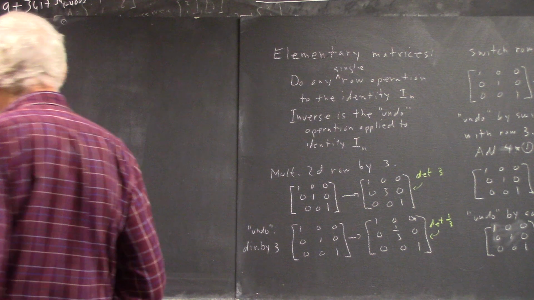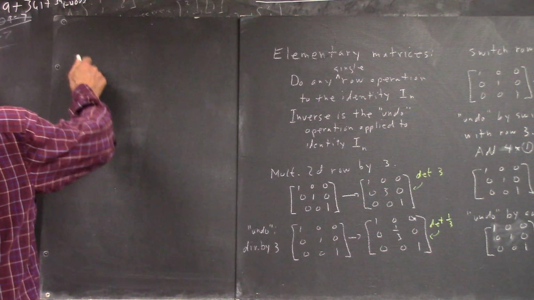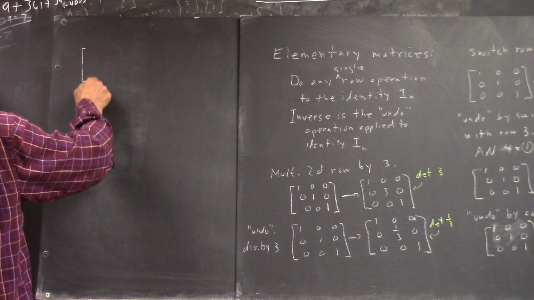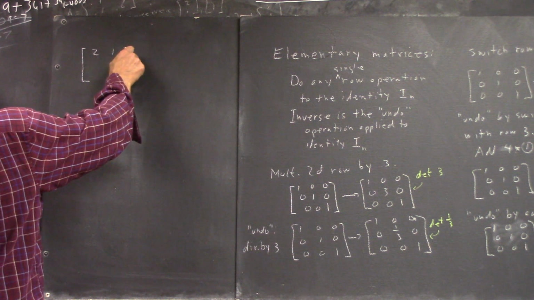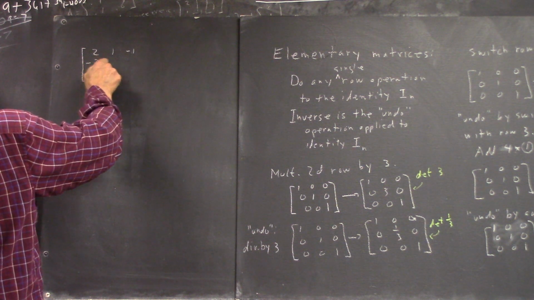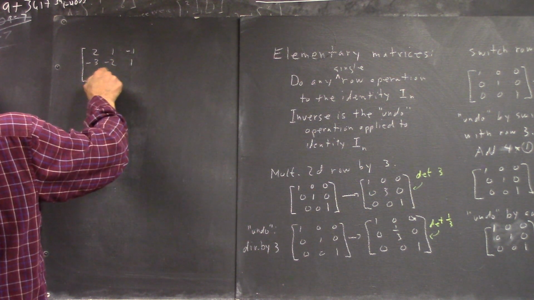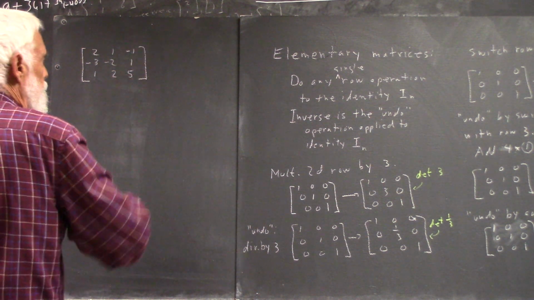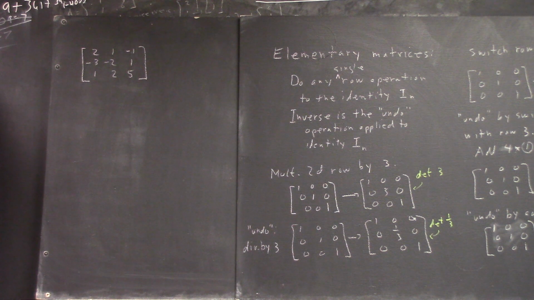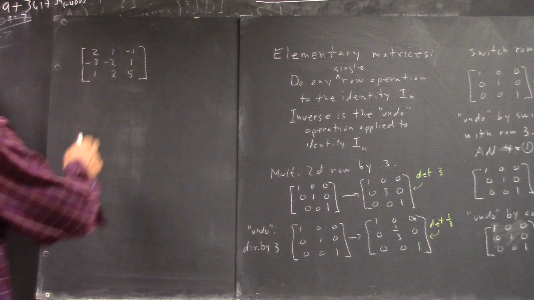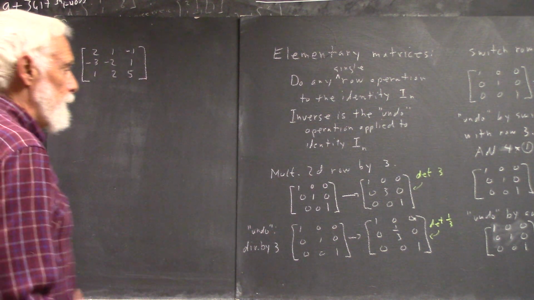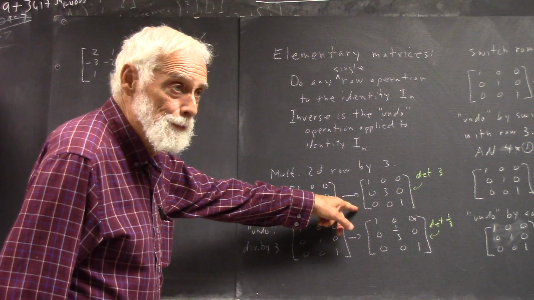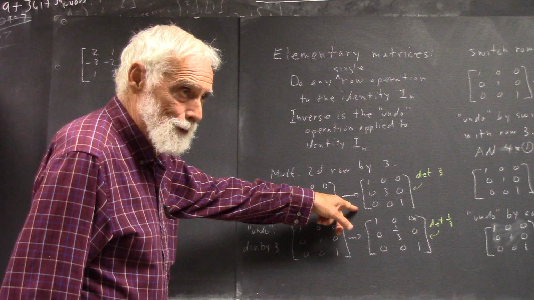Okay? So let's say we have a matrix. This matrix. Okay? Now, if I multiply this matrix by this matrix, okay?